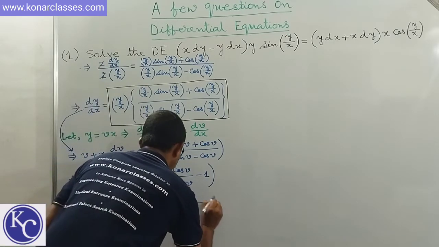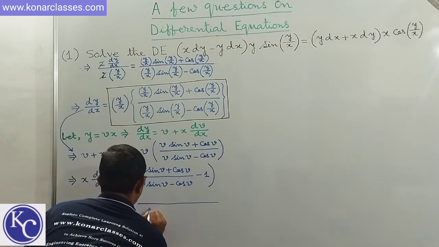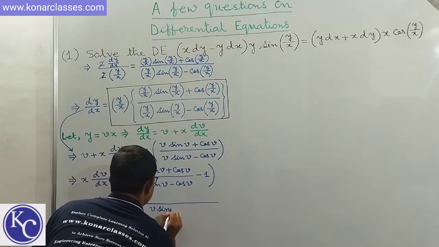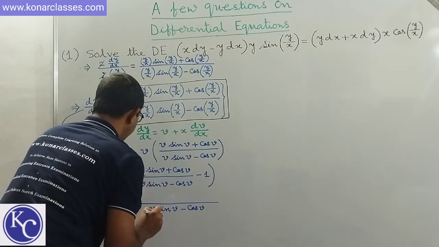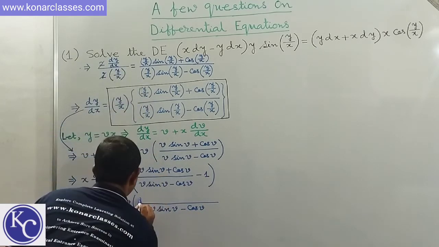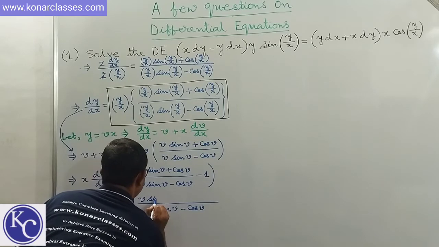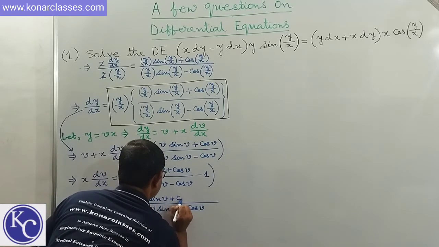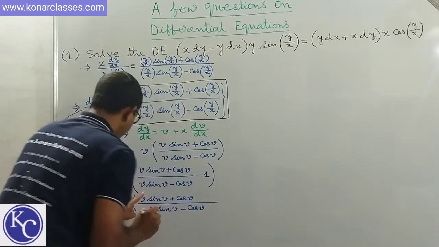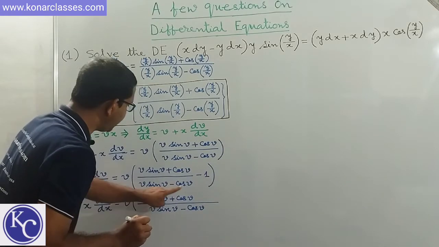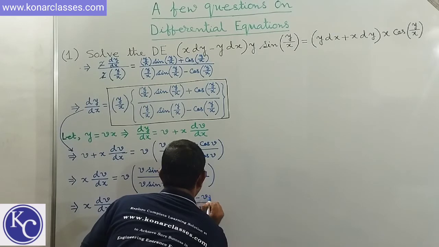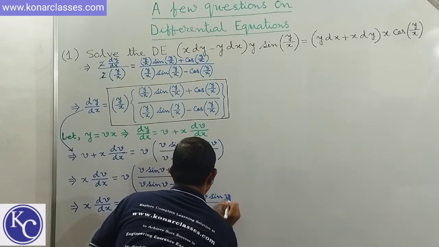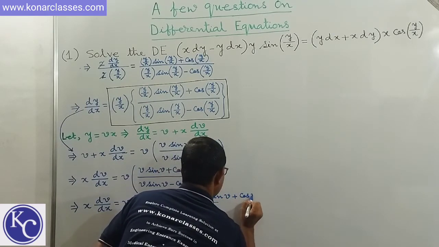The denominator is v sin v minus cos v, and in the numerator v sin v plus cos v minus v sin v minus cos v, because minus 1 is multiplied. So minus v sin v plus cos v.